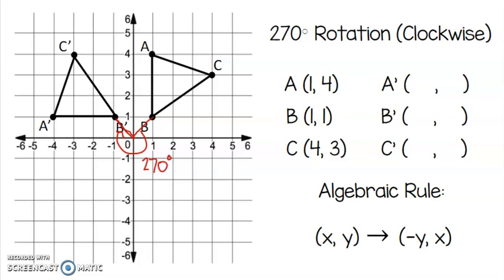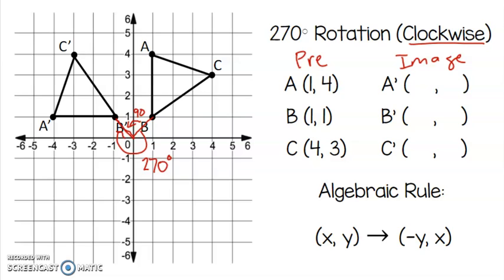Okay, if I were to go counterclockwise, so against what a clock travels, that is 90, because 270 plus 90 gets me the full circle. Okay, but we're focused on the clockwise. So there we are. We have our pre-image and then what changes, right?